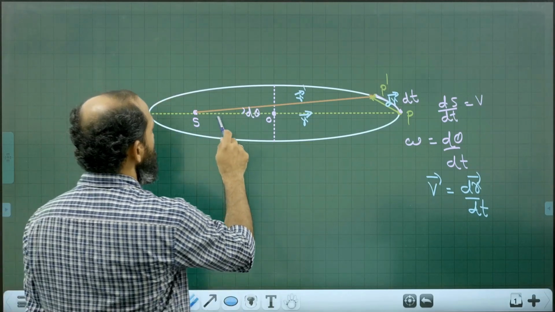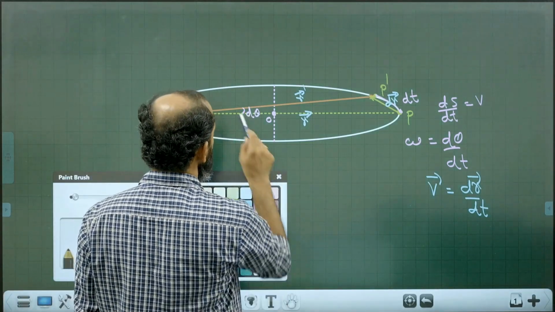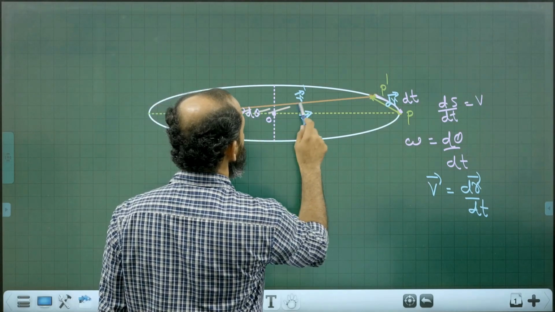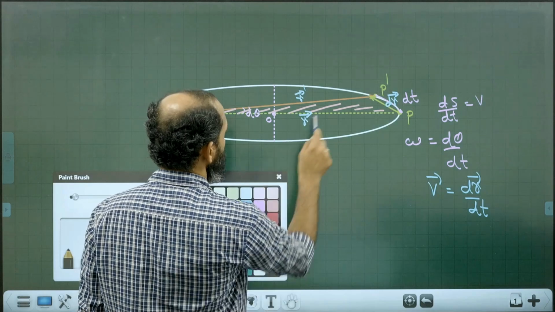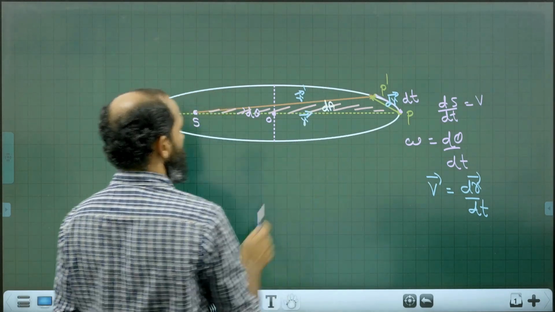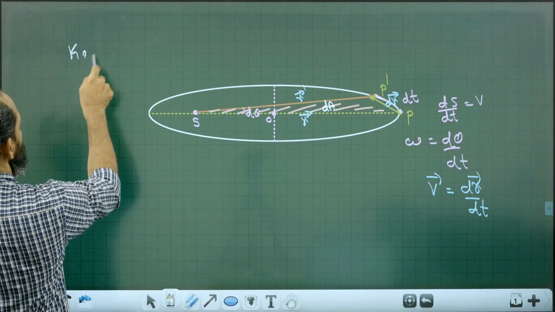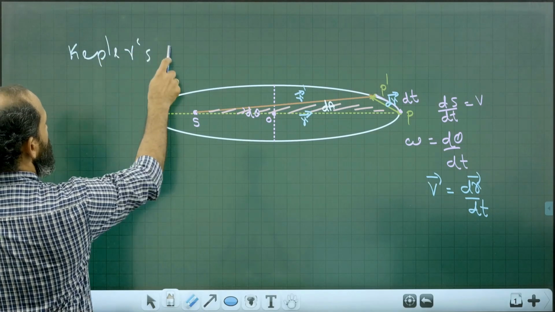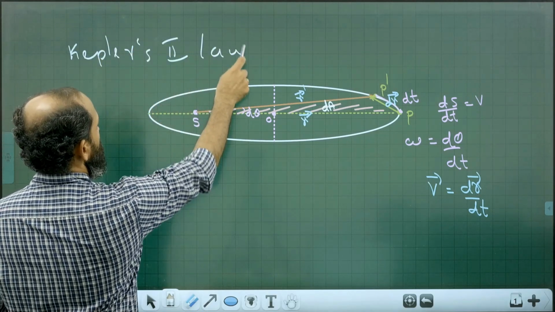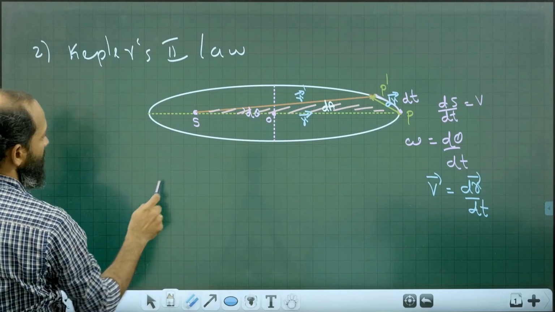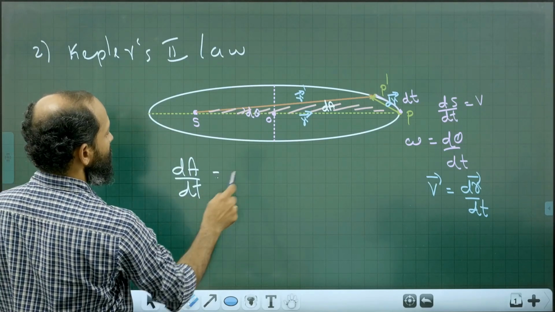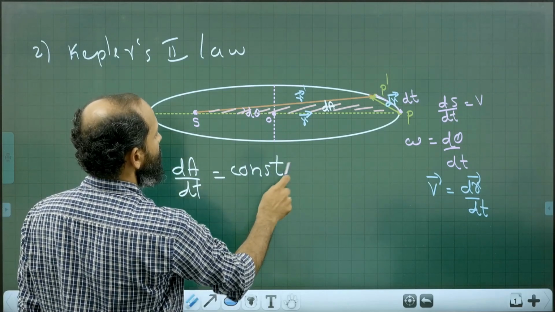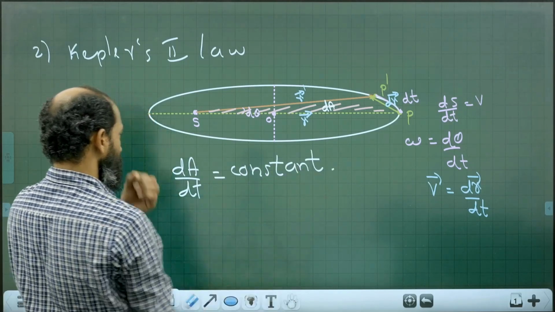Let the very small shaded area mentioned in this picture be dA. Kepler's second law states that the areal velocity, which is dA by dt, is a constant.